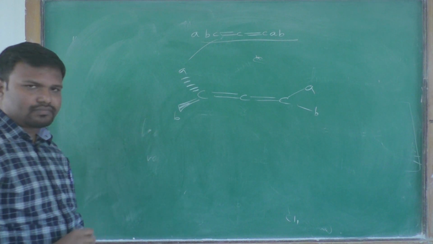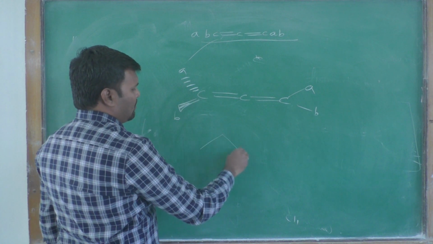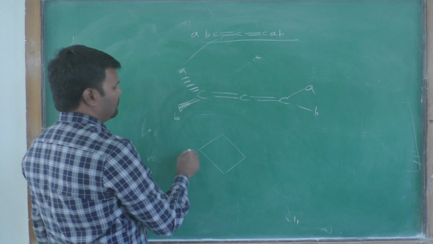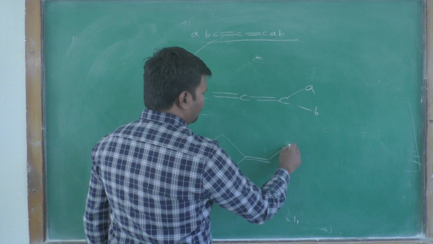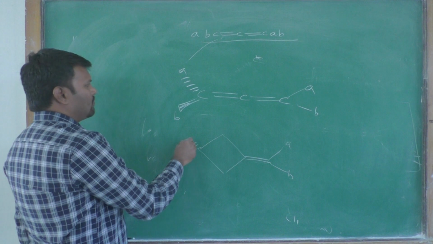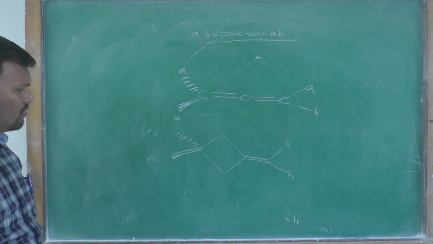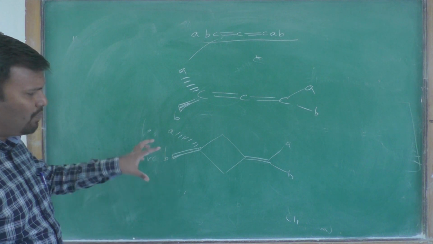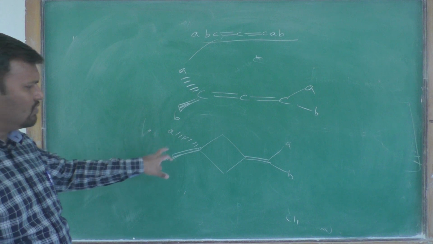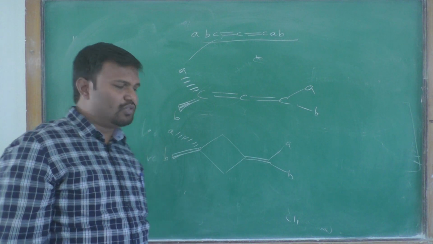When you replace this with such a type of ring, then it also shows optical activity. At this carbon there should be a different group attached. It also shows optical activity.